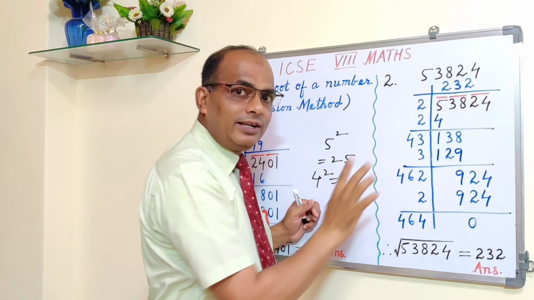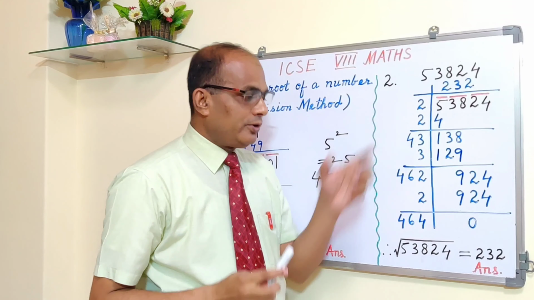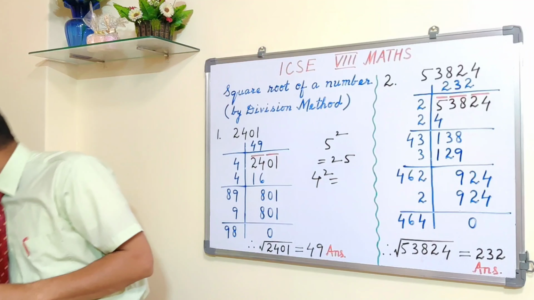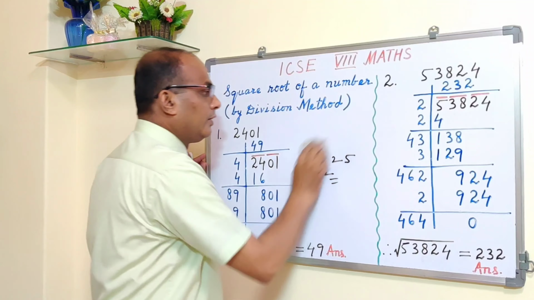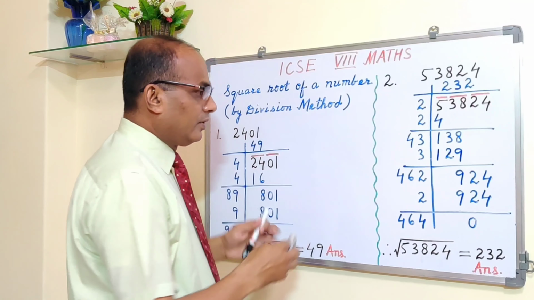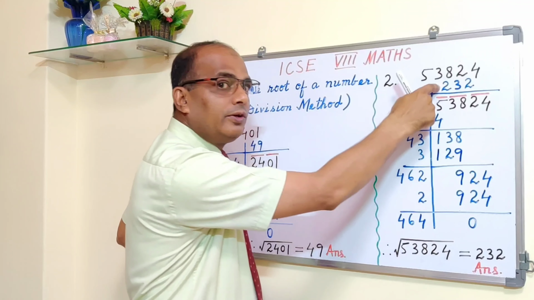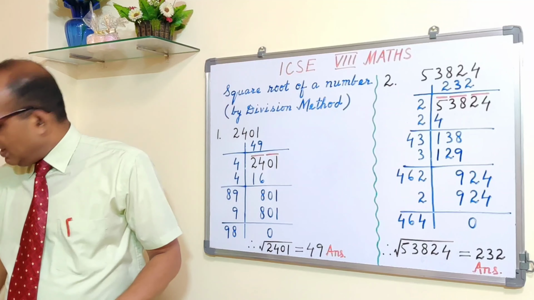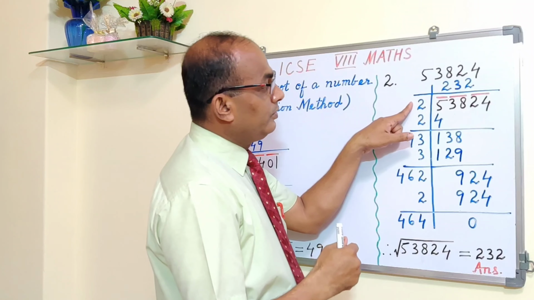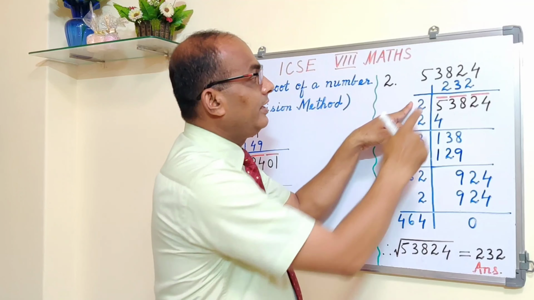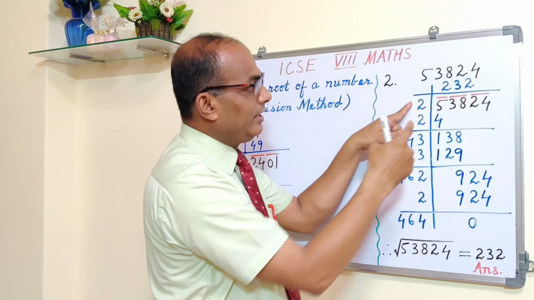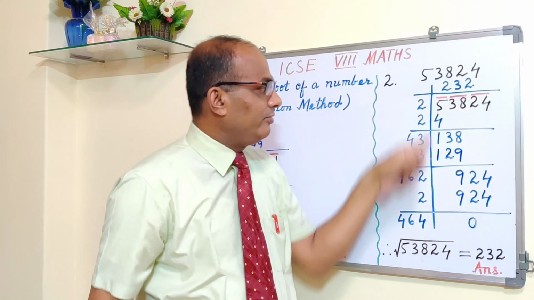It should be either 5 or less than 5. So that number is 2. So we write 2 here in the divisor, and we write 2 here in the quotient. 2 square is 4, and that 4 we write down here, and then we subtract.